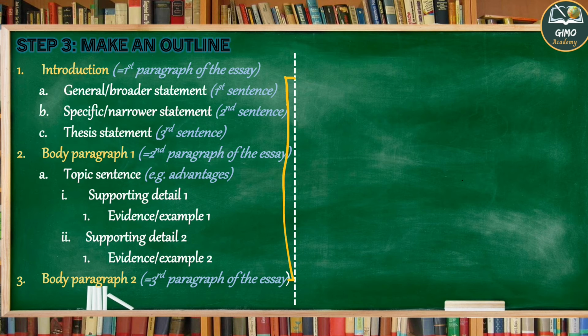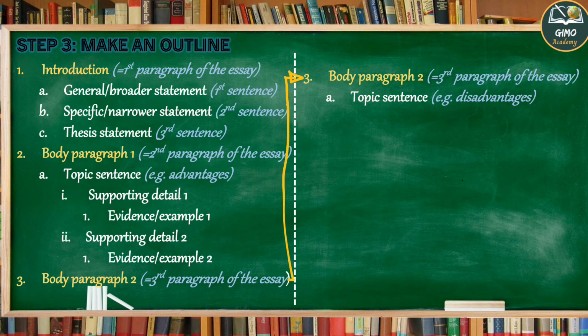Okay, let's move to the right side. Great. So in the second body paragraph, which is the third paragraph of our essay, we also need to have the topic sentence, and in our case, it should be about the disadvantage.